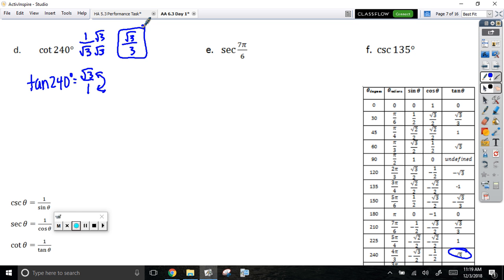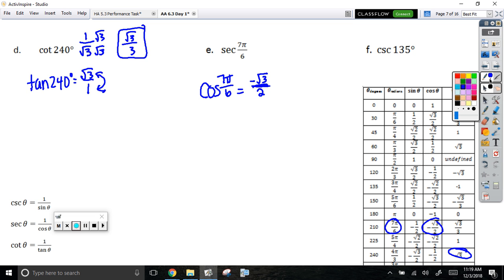The secant is the reciprocal of which function, the sine or the cosine? Good, the cosine. So 7 pi over 6, we're going to find the cosine. Now when there's a negative in front, you want to put it in the numerator probably, so that you don't lose it and think it's part of your fraction bar.